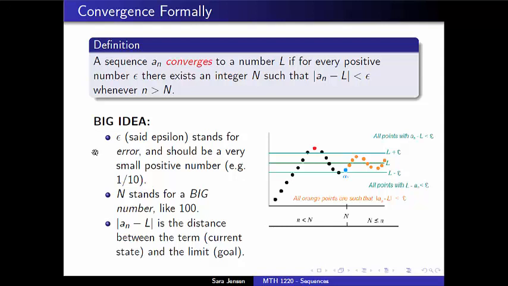The idea is that the terms of our sequence will never actually reach the limit value. We're getting really close. We're getting closer and closer and closer, but we're never there. And the error is trying to measure how far away we are from our ultimate end goal. The limit is the perfection. The term is where we actually are.